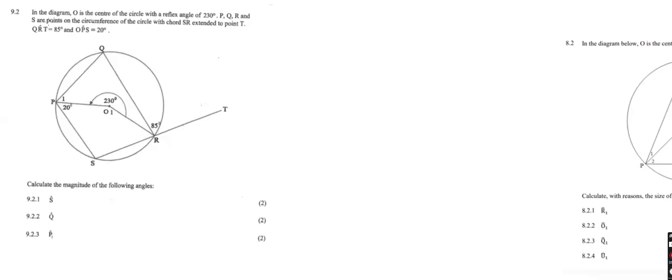We've got 9.2 here. It says, in the diagram, O is the center of the circle with a reflex angle of 230 degrees. Now, if this reflex angle is 230 degrees, make sure you understand that this reflex angle is twice S and not twice Q. O1 is the one that is twice angle Q. So make sure that makes sense to you.